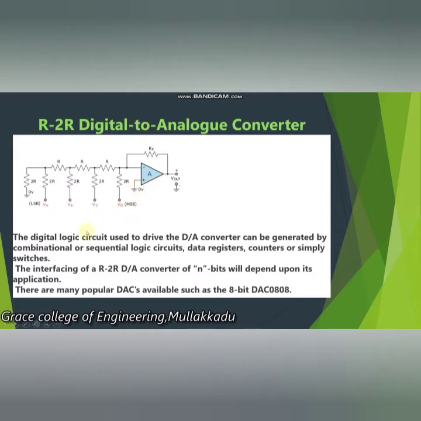The digital logic circuit which is used to drive the digital to analog converter is generated by means of either a combinational circuit or a sequential circuit. Here we can use any kind of digital circuit such as a counter, data register, sequential or combinational circuit. By varying the switch position along VA, VB, VC and VD, connecting this to either reference voltage or ground, we can set the value as 1 or 0.